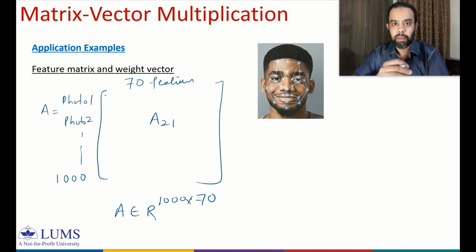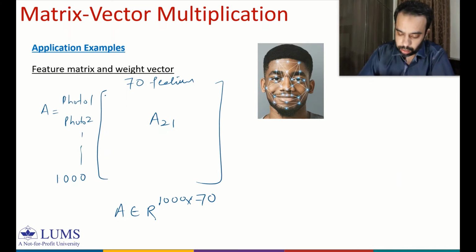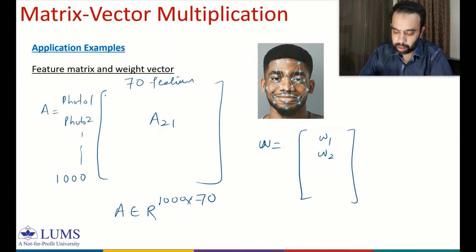What we want is to obtain a score for each of the photos. So we want to give different weights to each feature, and we want to compute the score for each photo. Let's say we stack the weights for each of the features in a vector w, and say w1 is the weight we want to assign to the first feature of each photo, w2 is the weight for the second feature, and so on and so forth.